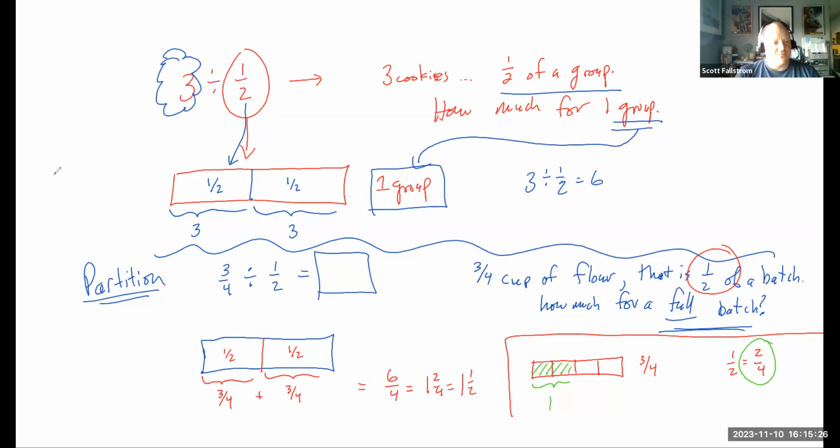But because 3/4 didn't fill the whole space, I don't have enough for my next component. So I have to say, okay, this next component right here is not a full group. You see, a full group took 2 pieces, so this right here is half of what I'm looking for. So my final answer here would be 1 1/2, which again is exactly the same thing I have on the left-hand side.